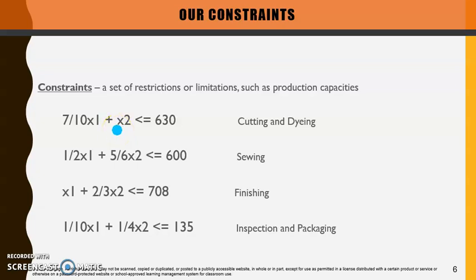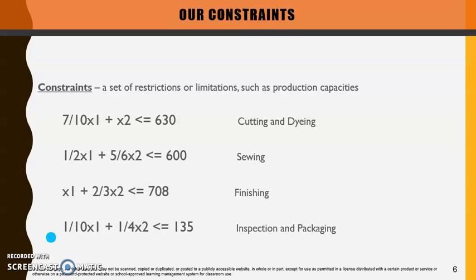So the total amount of time we need to spend on cutting and dyeing of our production package is 7/10 x1 plus x2. And this total should be smaller or equal than 630, because it's the total availability of time in this department. Based on the same logic, you do the rest of the constraints here and finish.